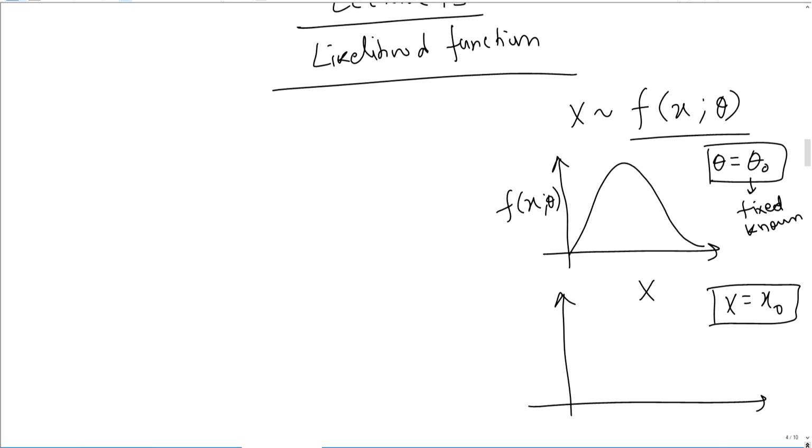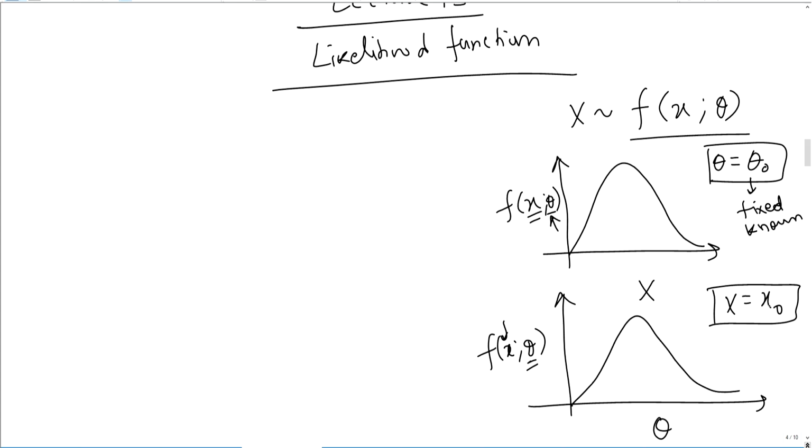In that case, you can draw the graph between theta and these probability densities, because x here is known and theta is variable. In the earlier case, theta was known and x was the variable. In this case, theta is the variable. Now you can draw a graph between theta and f of x theta.